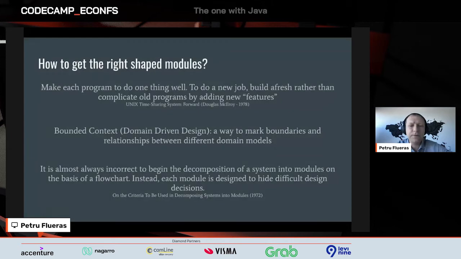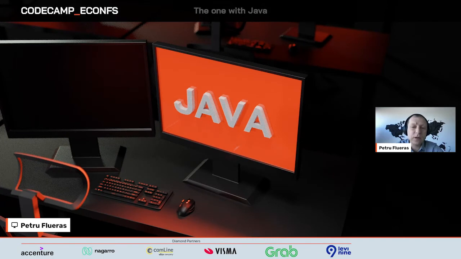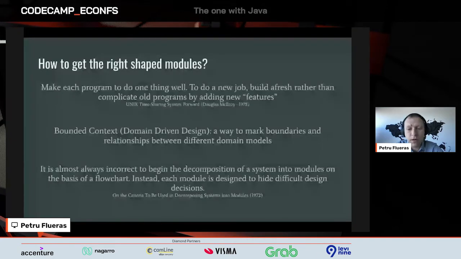The first principle which applies here is the Unix philosophy, which says make each program do one thing and do it well. And that one thing can be a module. It can be a microservice, but we can apply it once again also in a modular monolith. So think about doing one thing well.